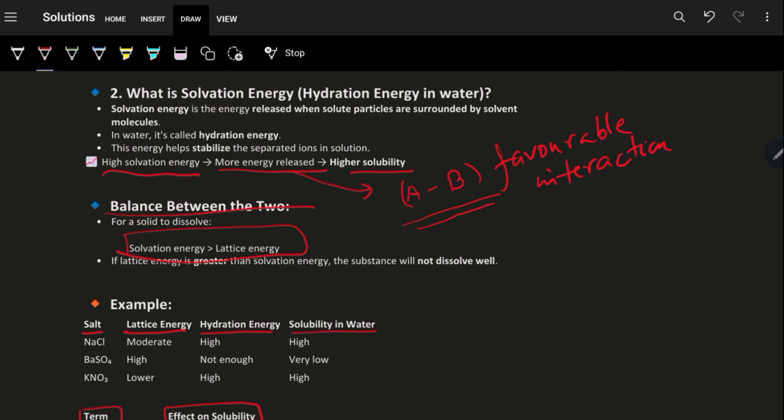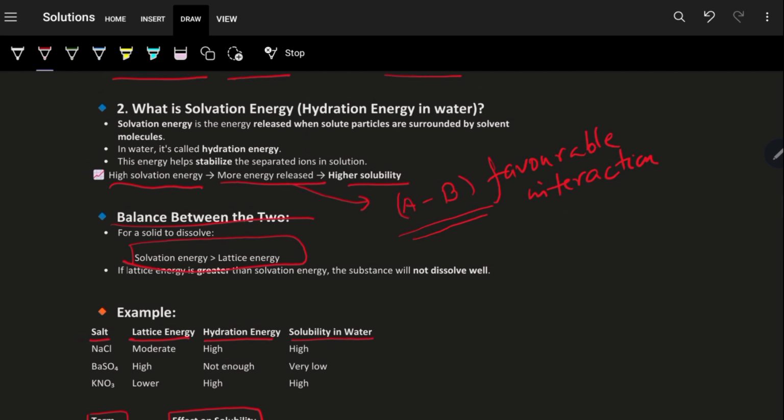If the ions are coming into the solution by breaking of the crystal lattice, then only the favorable interaction can take place. So this is the example of NaCl: lattice enthalpy moderate, hydration enthalpy high, solubility is high. Hydration enthalpy should be high enough and higher than the lattice enthalpy, then only the solubility will be high.